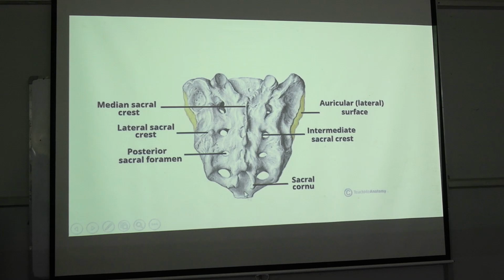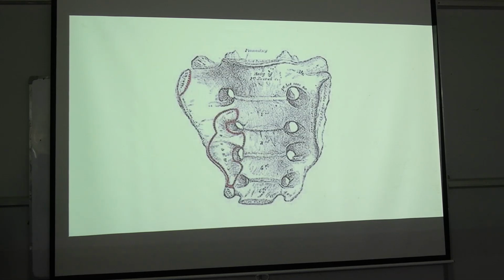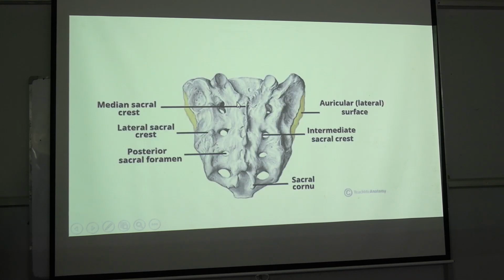We call these the posterior sacral foramina, also known as dorsal sacral foramina. In this one the foramina are on the anterior side, so we call them anterior sacral foramina or ventral sacral foramina. Clear?